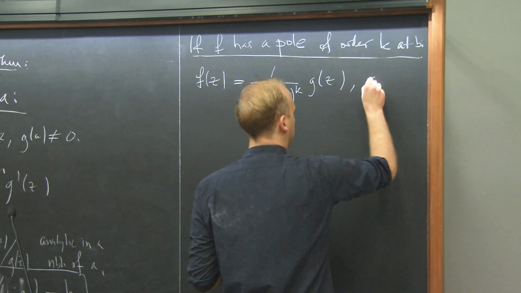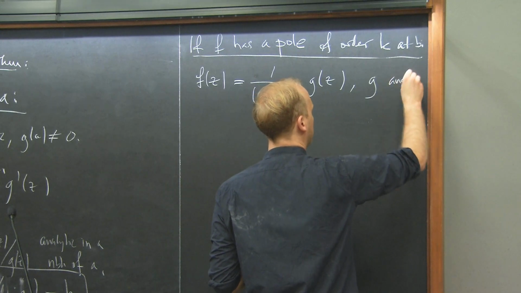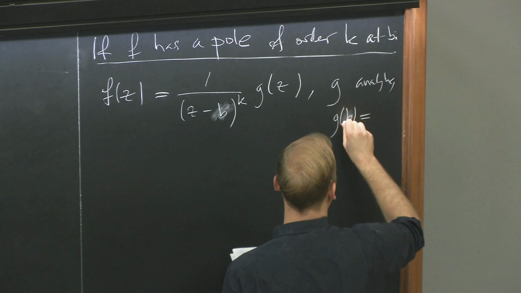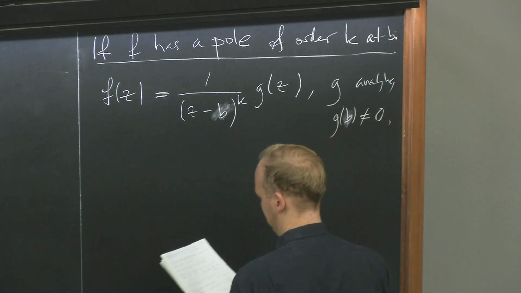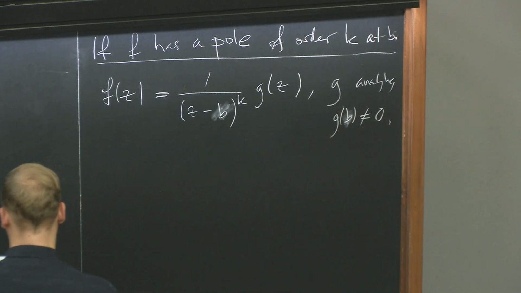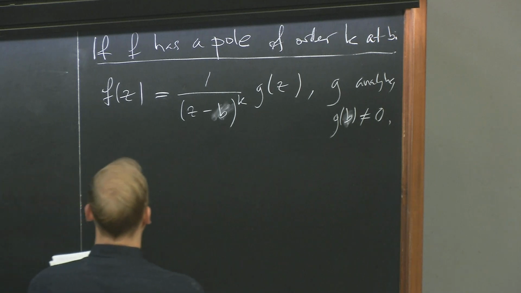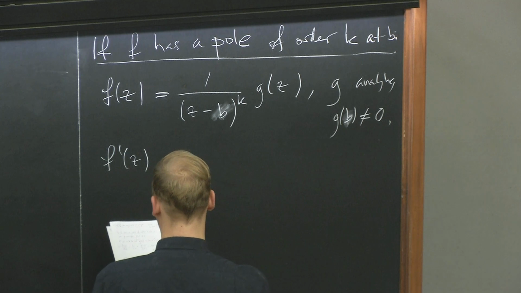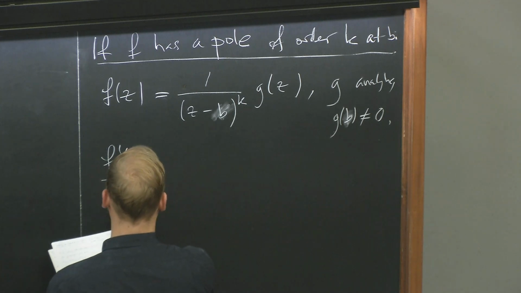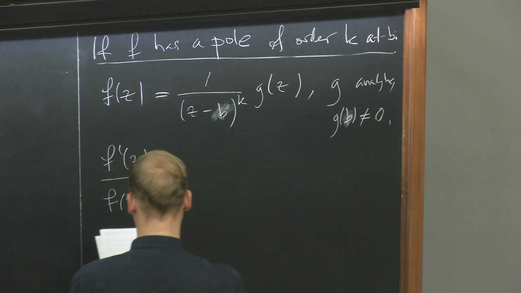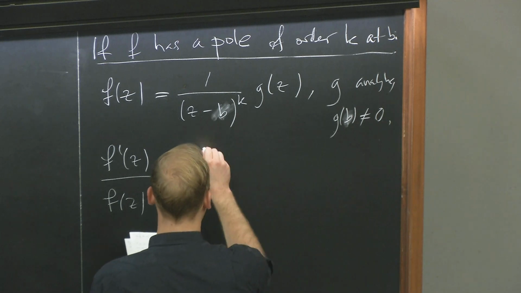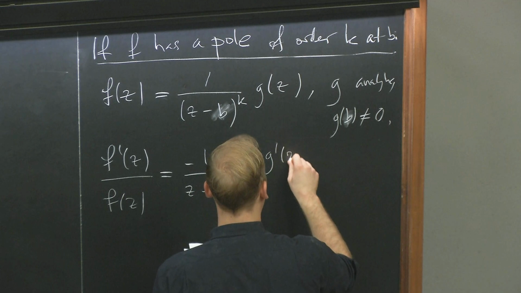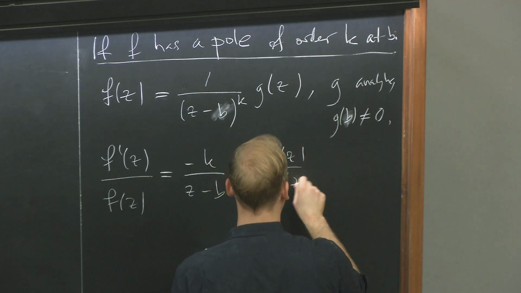Where again, g is analytic, and g of b is not 0. Okay, and then we get, in the same way, that f prime of z over f of z, so I won't do it again, is minus k over z minus b plus g prime of z over g of z.